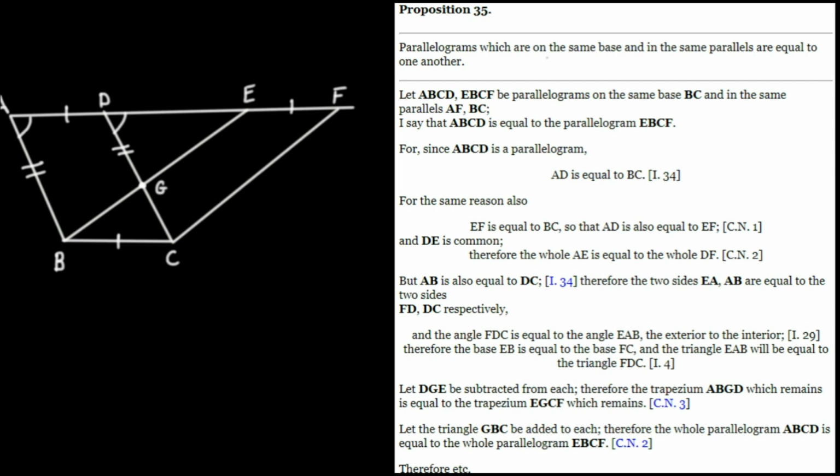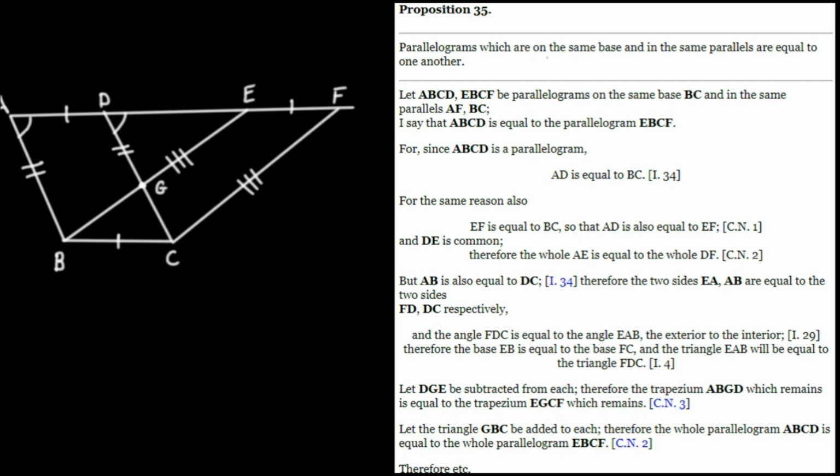We have the equality of EB with FC, which we knew anyway from this being a parallelogram, but we may infer it from Proposition 4, side equals side. And as he says, the triangle EAB will be equal to the triangle FDC. Now here's an interesting step.